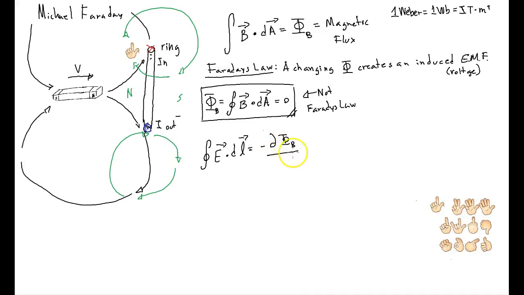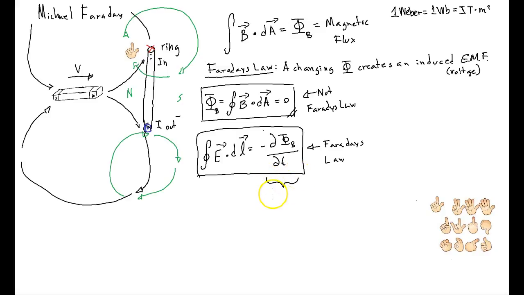That's what a voltage is. There must be an electric field around that loop, otherwise the charges wouldn't accelerate. They have to have an electric field to accelerate. That's what this says. A changing magnetic flux with respect to time through a closed path will create a circulating electric field around it.